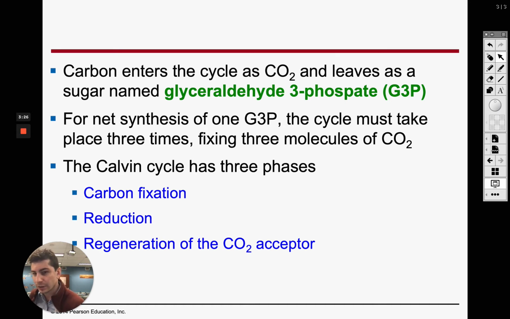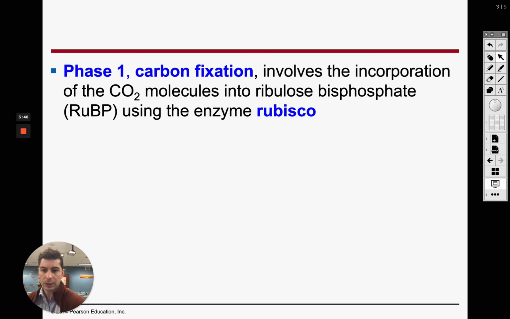And what we're going to do is use the carbon dioxide to form sugar. Now, the sugar that we are originally forming is not going to be glucose as we know it. Instead, it's going to be something called G3P, which is sugar, but it doesn't actually make the full sugar molecule right away. Okay?